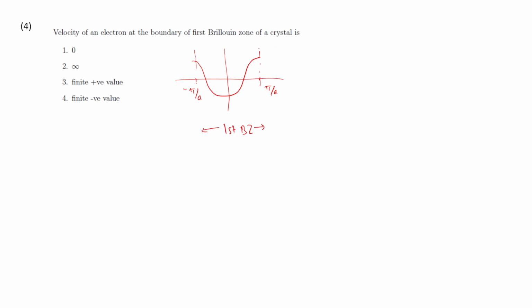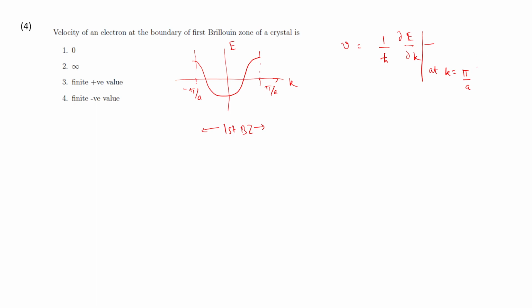How do we get the velocity? Velocity is 1 by h bar times dou E by dou k, from the E versus k diagram, at k equal to the edge of the Brillouin zone. So we have to take a particular edge, either plus pi by a or minus pi by a.